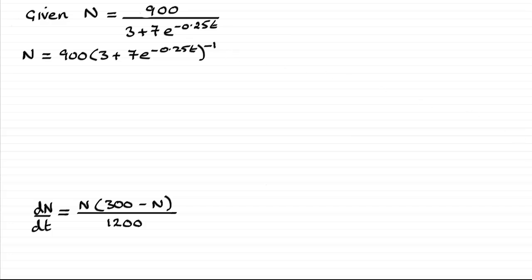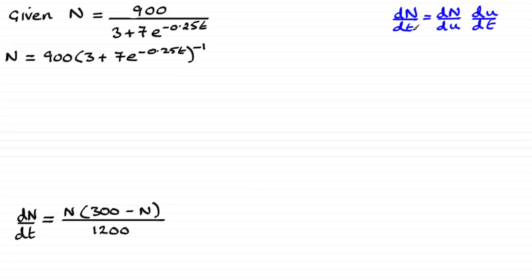Chain rule you should be familiar with. It's going to be dn by dt equals dn by du, as long as I multiply it by du by dt. It's as if these two du's cancel out. So I've introduced u here, and u is going to be this bracket here. If I write that in, we've got u equaling 3 plus 7e to the power minus 0.25t. So that means that n now is equal to 900 times u to the power -1.